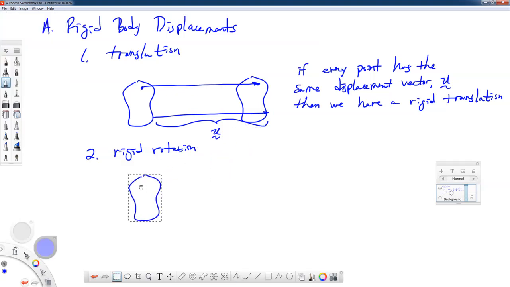So if I have my same body here again, but I take and I just rotate it, then all the points on that body have the same angle of rotation about the center of their rotation axis. Then we have a rigid rotation.